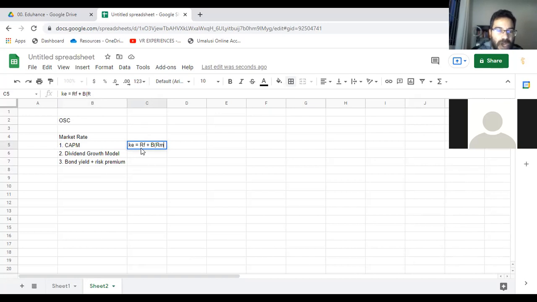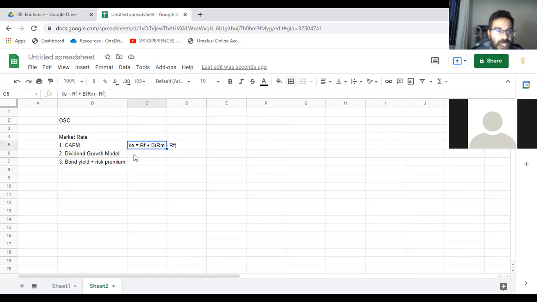Remember, when you see a risk-free rate, beta and market rate, that's going to tell you to please use the CAPM model. They're not going to say, dear student, please use a CAPM model. They're going to give you information, and you're going to have to use the information in order to identify which method to use.